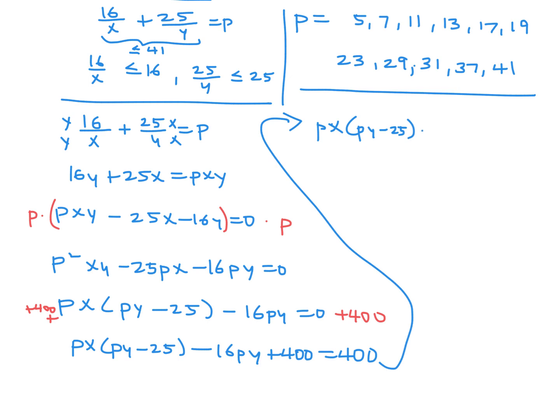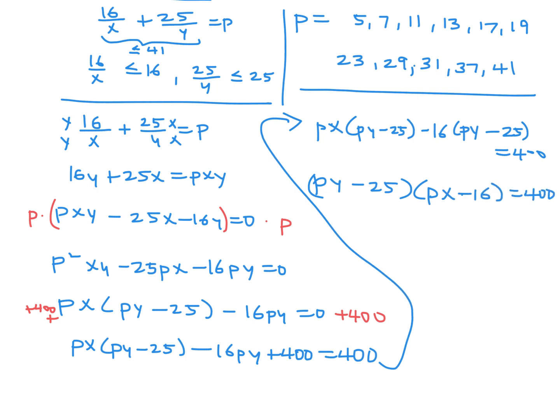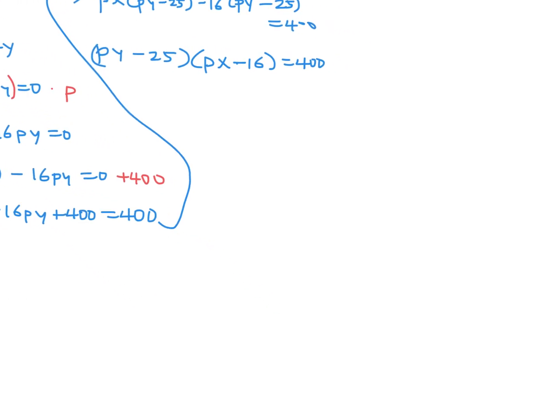And then let's factor out a minus 16, and then we get py minus 25. So as you can see, that factors out very nicely. And then this becomes py minus 25 times px minus 16 is equal to 400.